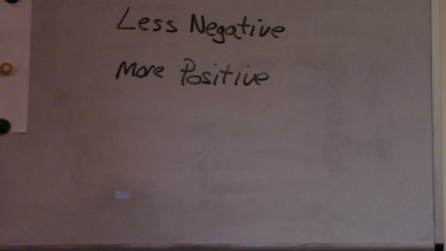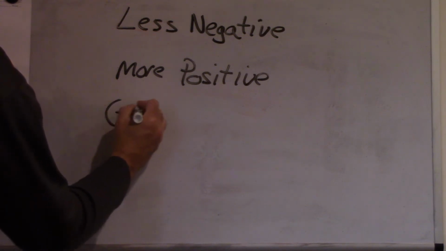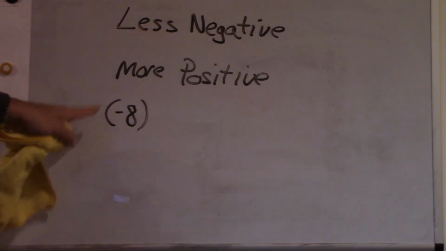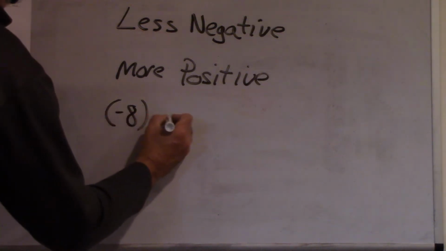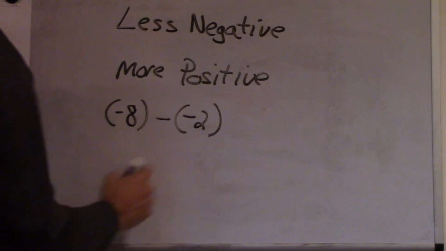So let's look at it in the case of a problem. Let's say we have a negative 8, and remember, we like to put negatives in parentheses. Like Mr. Kennedy said, they're huggers, right? Negative 8 minus a negative 2.